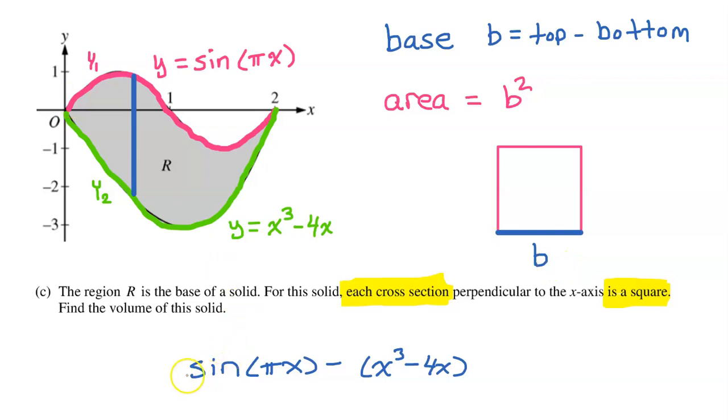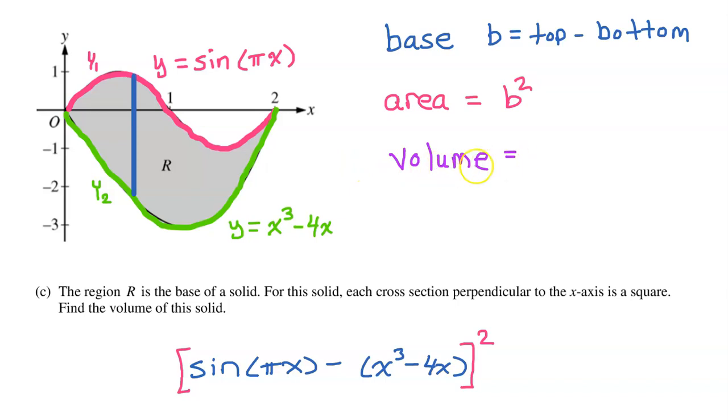So now we need to apply that to our expression down below. Right now, this is an expression for the base of a single slice. How can I transform this into an expression for the area? Well, the area, in this case, is the base squared. So I can just take my expression for the base and square it, and now it's an expression for the area.